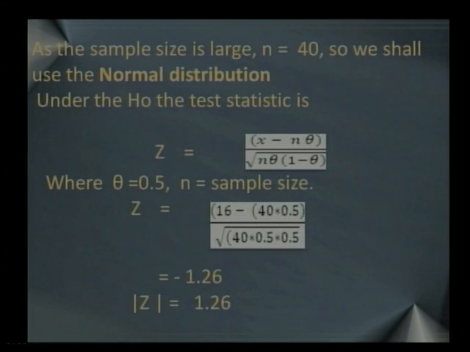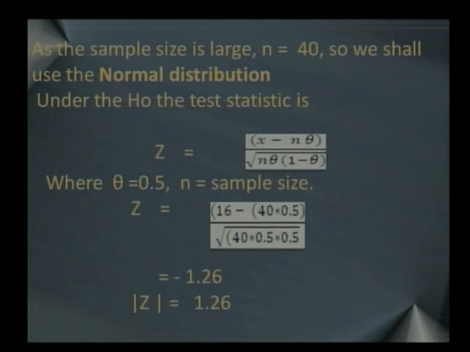Next, our n, the number of observations, is 40, so we will use the normal distribution and apply the normal statistic. Under H0, the null hypothesis, the test statistic is z equal to x minus n theta upon root n theta into 1 minus theta.